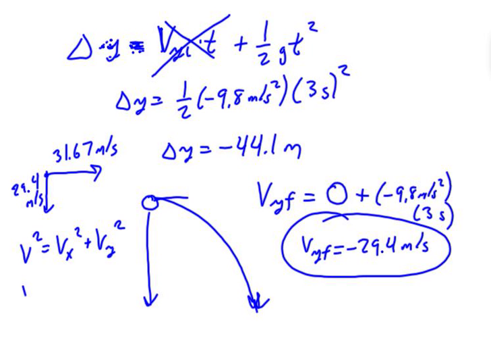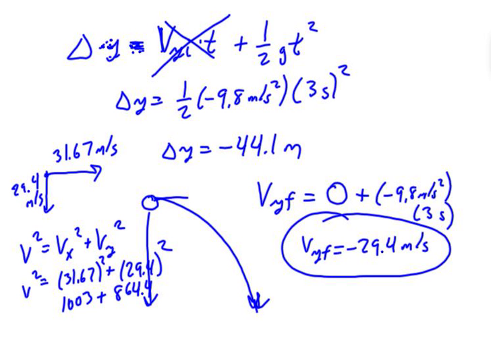So v squared equals 31.67 squared plus 29.4, or negative 29.4, squared. I'm just going to start solving that for v. So 31.67 squared is 1,003, plus 29.4 squared is 864.4.